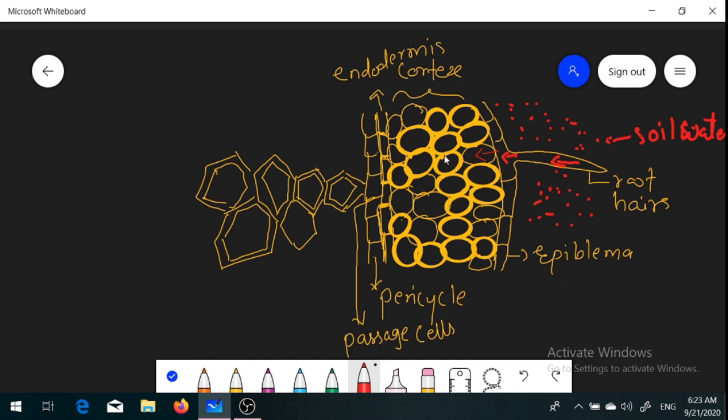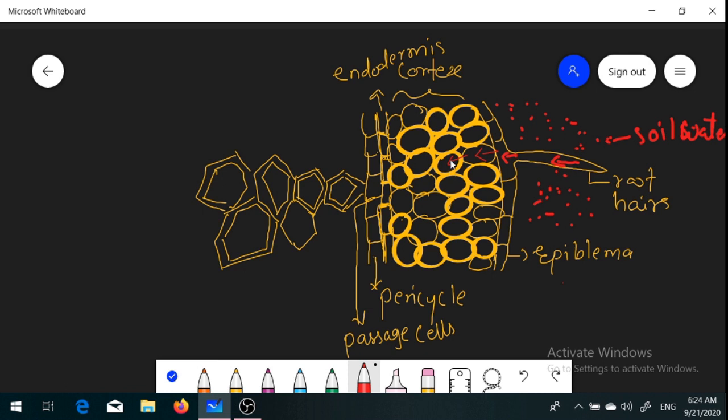Okay. This second adjacent cell has a high osmotic potential while this cell absorbs the water and due to that it becomes turgid, so it reduces its osmotic potential. Okay. The adjacent cell has less water and therefore high osmotic potential and therefore it absorbs water due to the DPD.